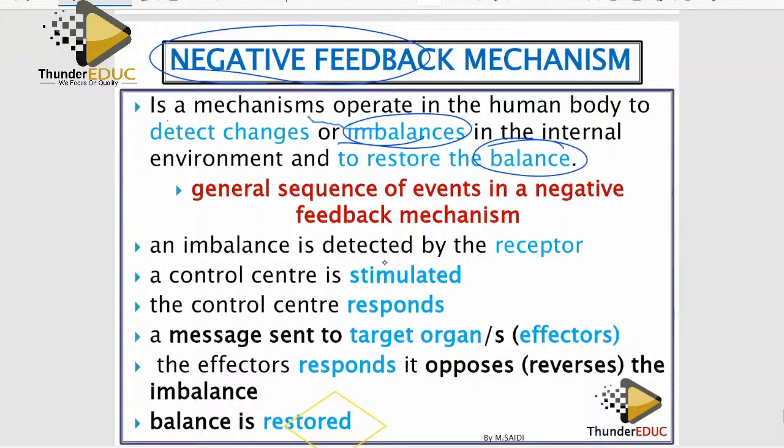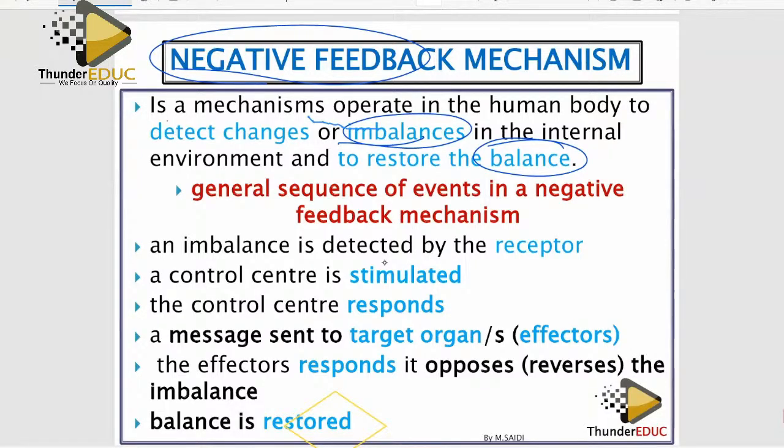For example, if the amount of sugar in the body is too much, then the hormones are supposed to work so that it brings it back to normal. That mechanism of bringing it back to normal is a negative feedback mechanism. The situation of being brought back to normal is homeostasis, because now you have kept the internal environment constant.